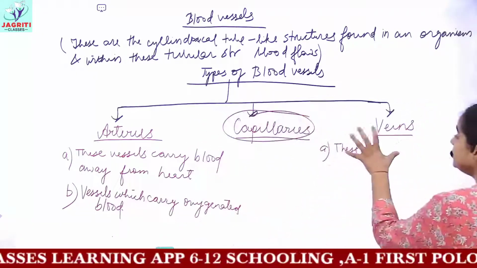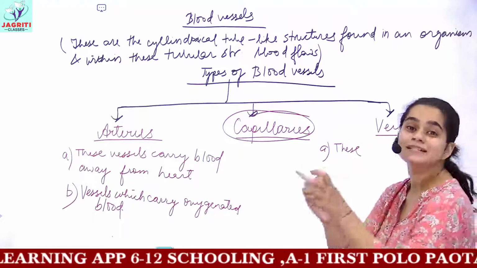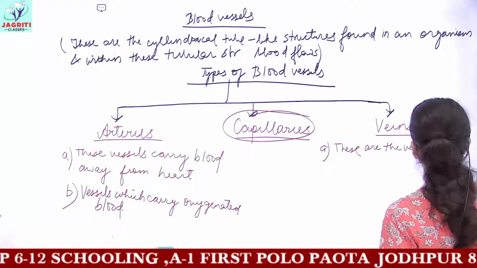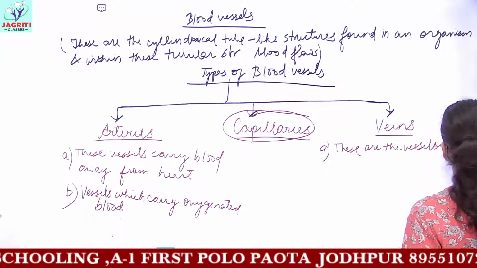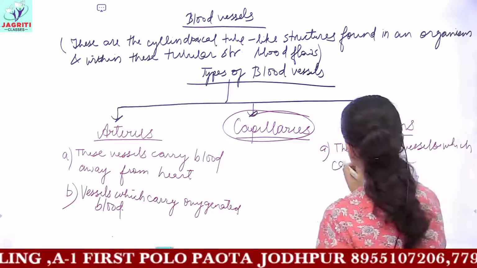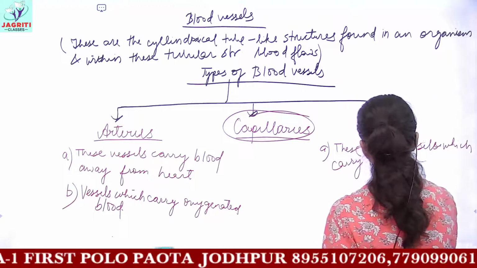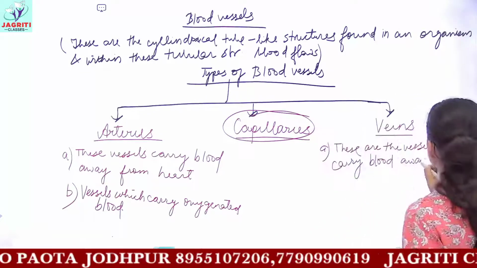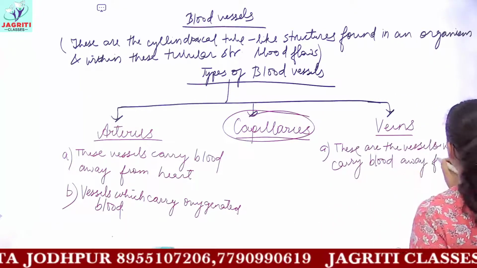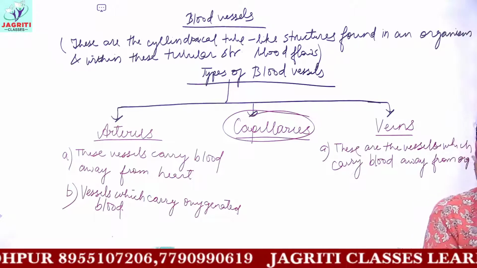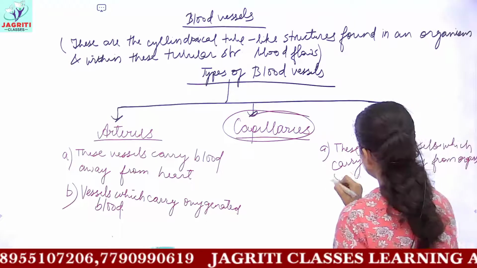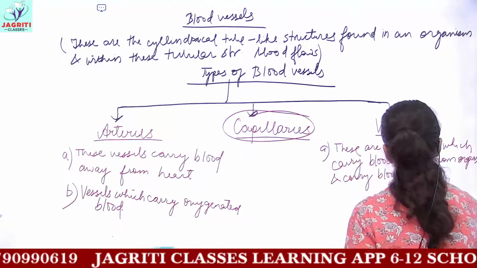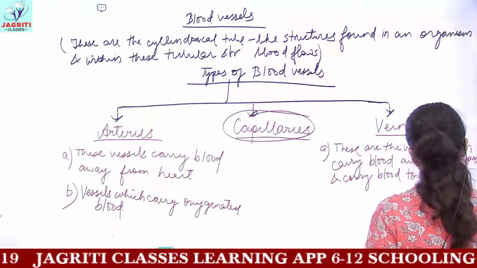So veins would be the vessels which carry blood towards the heart. If you are writing, you should write it carries blood away from organs or the respective tissues. Or you can also write it carries blood towards the heart.